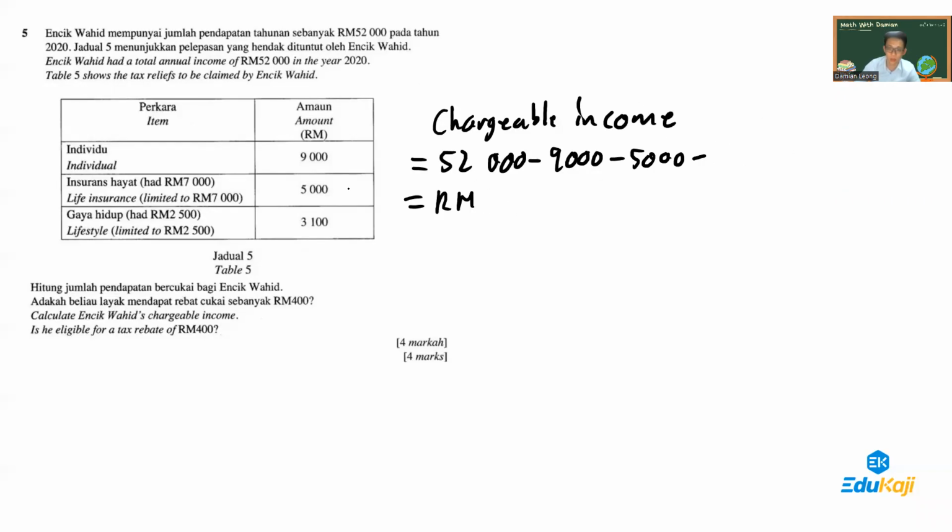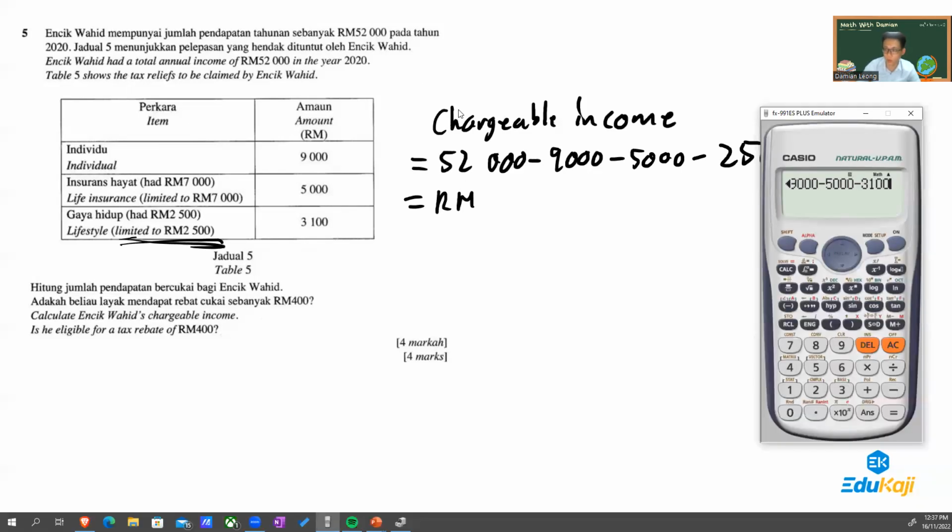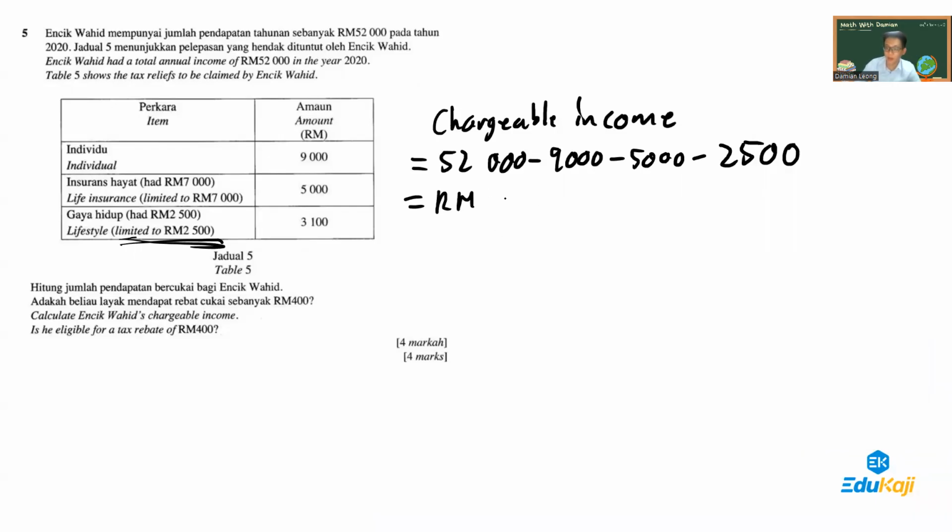It's not 3,100 because lifestyle is only limited to 2,500. Yeah. So only 2,500 max can be reduced. So this is minus 2,500. So it's 35,500 ringgit. So in order to be eligible for tax rebate, the chargeable income has to be less than 35,000, cannot exceed 35,000.